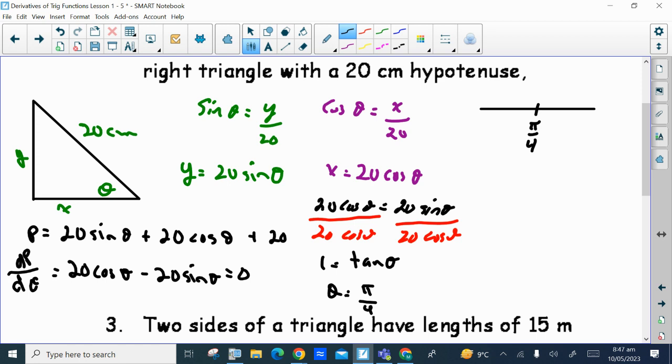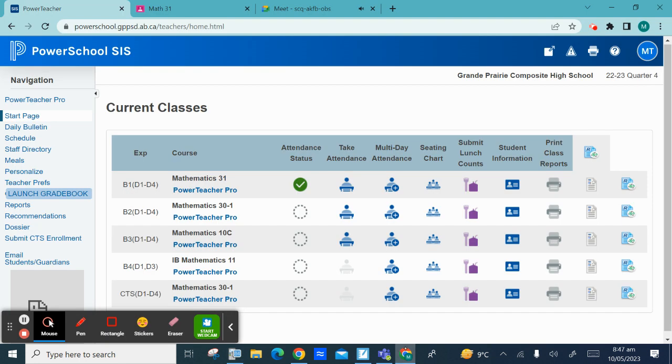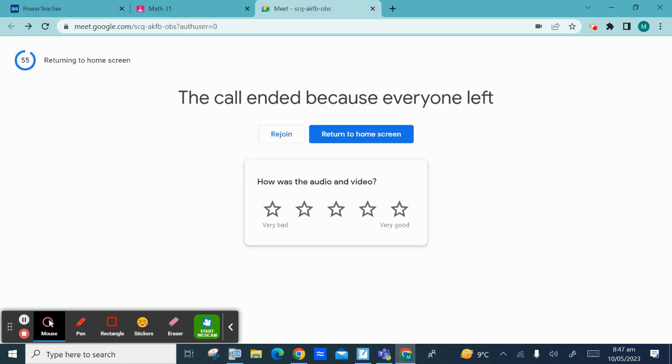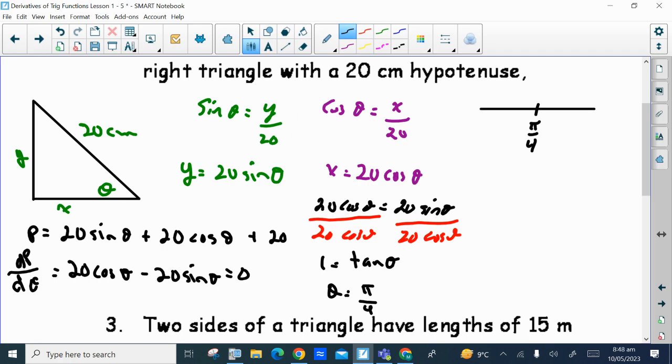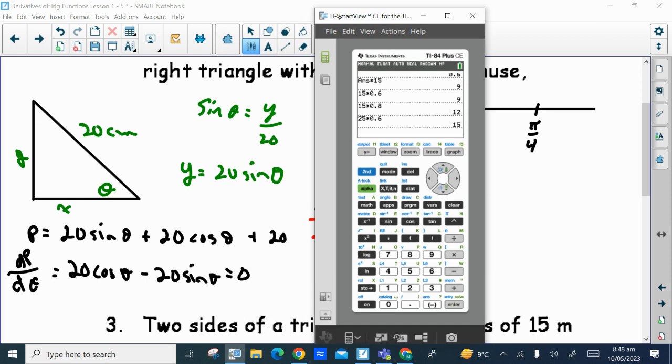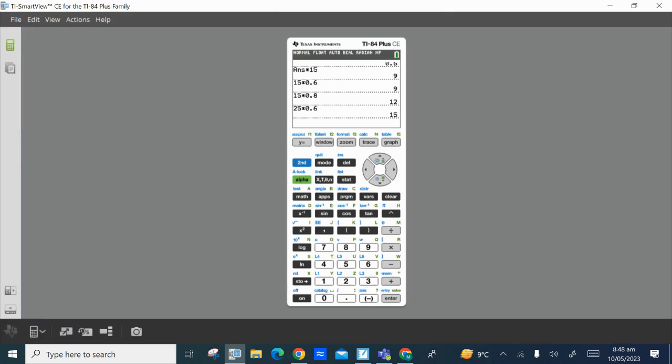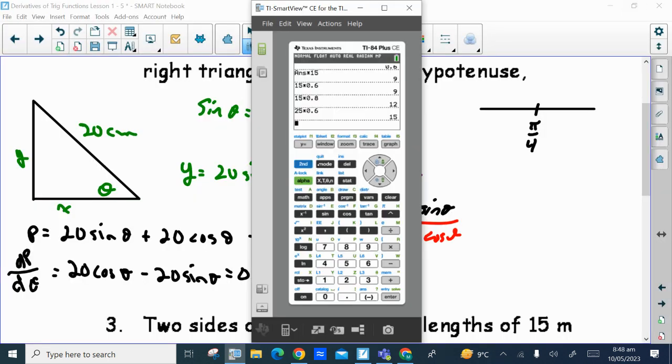So in that first interval, we could use pi on 6. Remember, we want to find the value of the derivative. And we can use our calculator to help us do this. Just have to make sure that we are in radian mode, which we are.